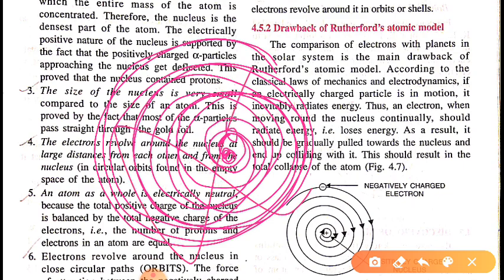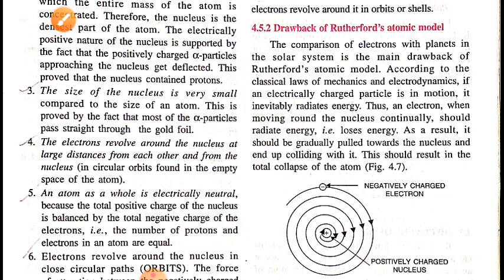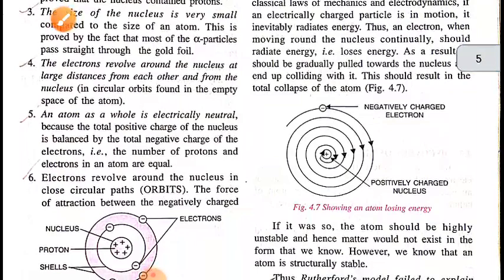In this case, the atom will not exist, right? So this was the drawback of the Rutherford model. Through this drawback, we can say that the Rutherford experiment has failed to explain the stability of the atom.